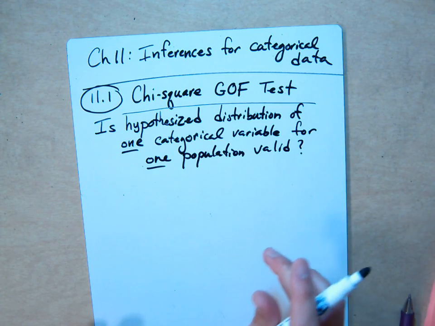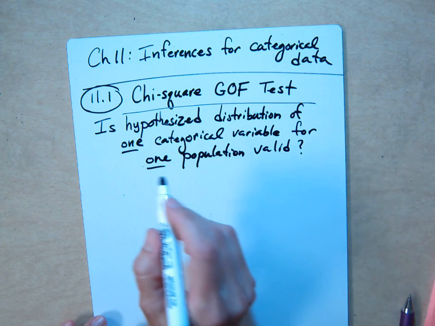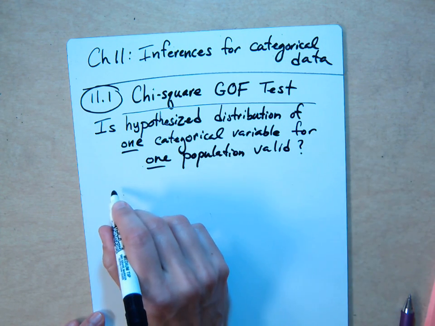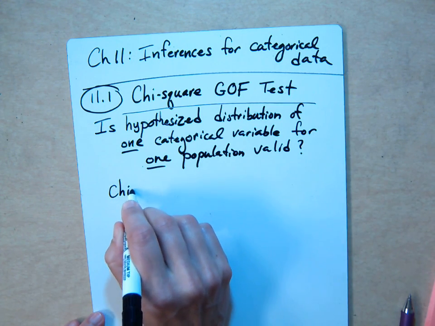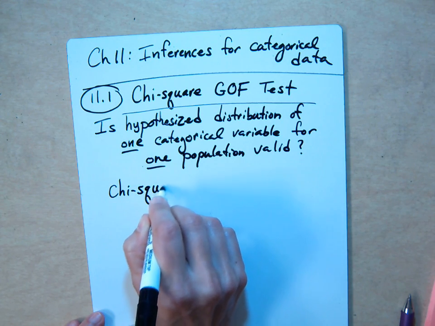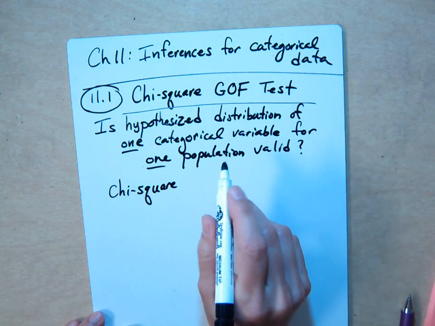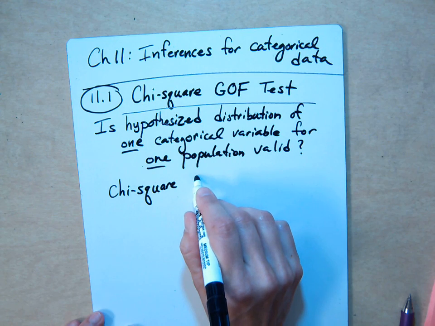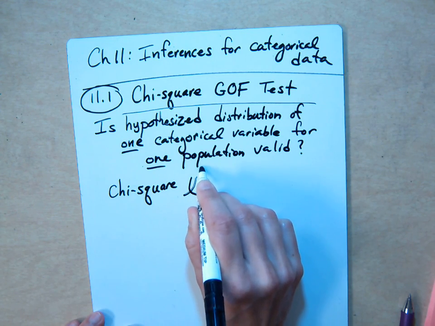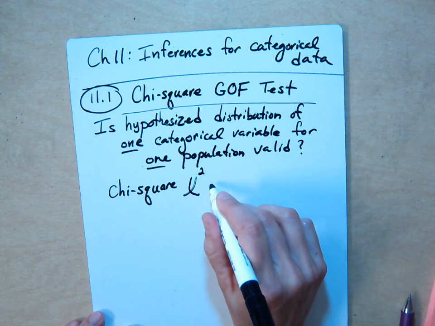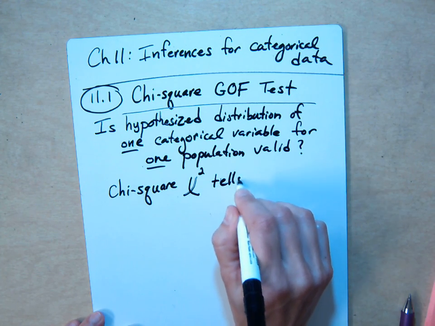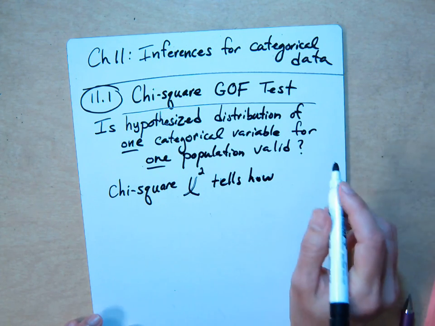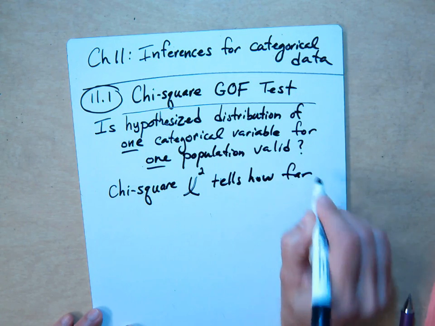So the chi-squared test statistic, represented by this symbol, chi-squared, tells you how far.